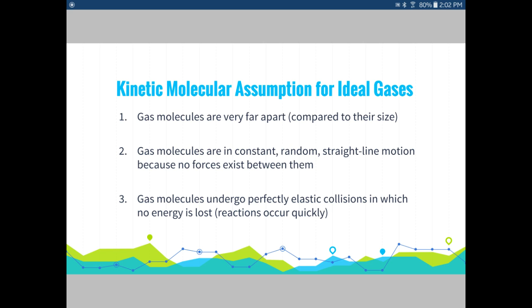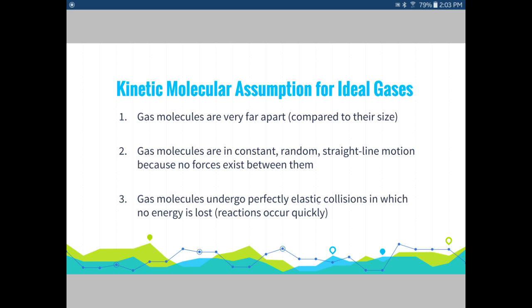Now with number 3, it says they undergo perfectly elastic collisions. Okay, we consider in real gases, we have molecules that are more like soft spheres. They change shape during a collision and rebound, and so that makes the process occur a little slower, and it means that the pressure of the gas is a little bit less than what an ideal gas is.